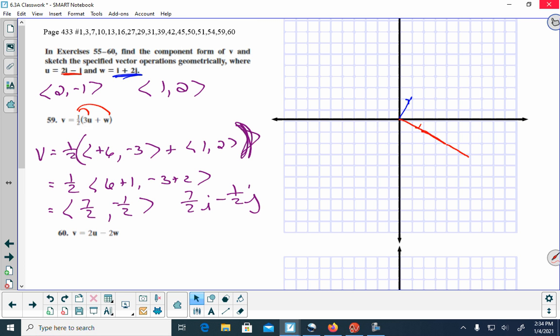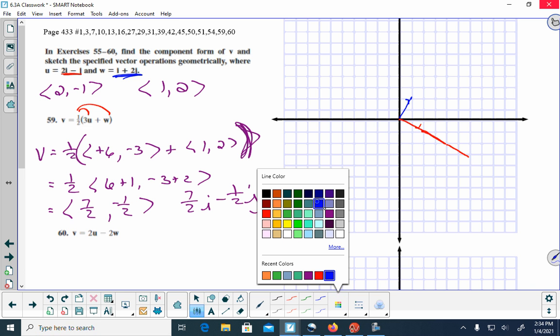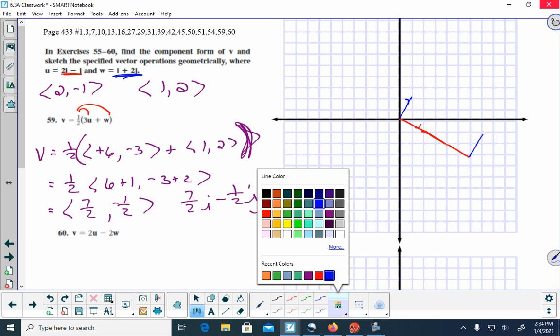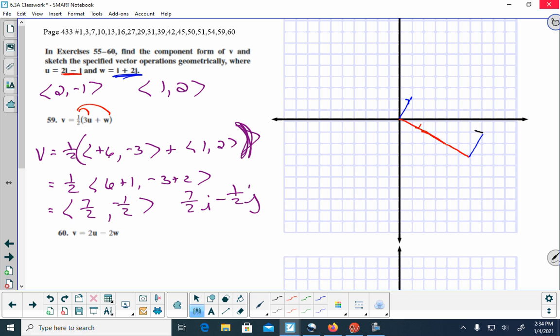Yes, that's 3U. And then this is the W. So if I take that W and add it to the end of my 3U, going from the origin, I go from here to here.